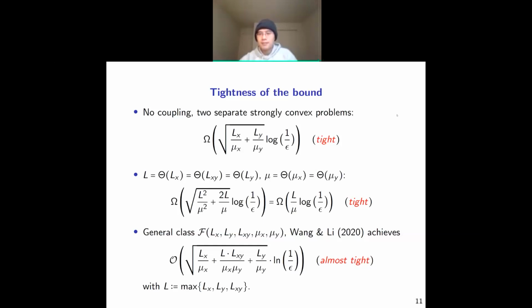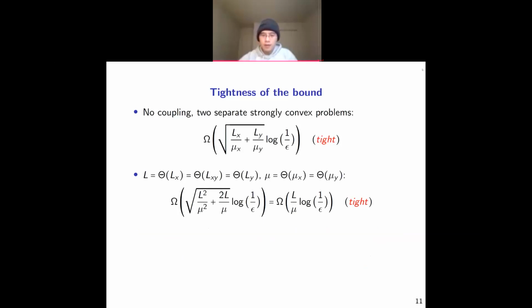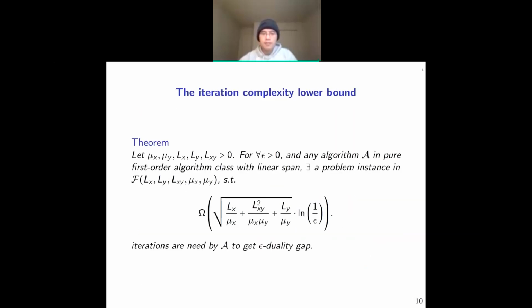Yeah, I have a question about your bound result. You consider this general class of mixed problems, right? Your coupling term can be non-bilinear. If the coupling term is a bilinear form, like y in a product with a matrix A times x, just that term, does this lower bound still hold?